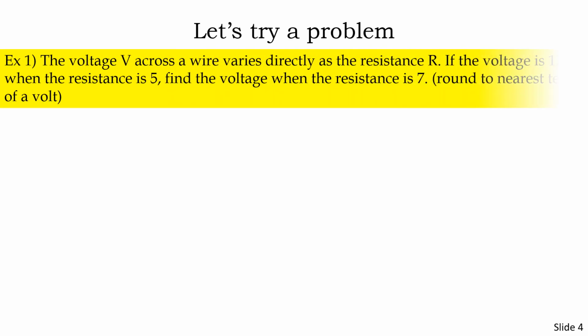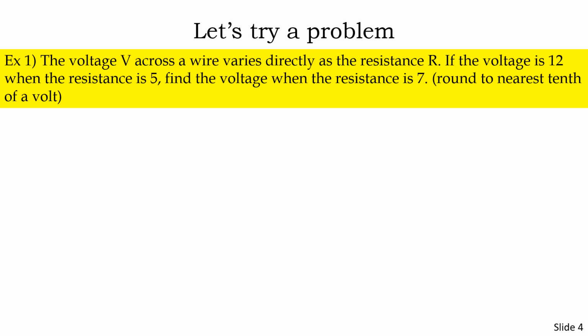Let's try a problem. Example 1. The voltage V across a wire varies directly as the resistance R. If the voltage is 12 when the resistance is 5, find the voltage when the resistance is 7. Round to the nearest volt.